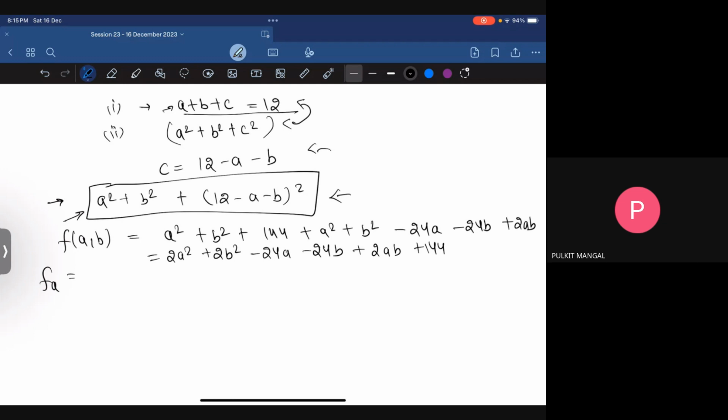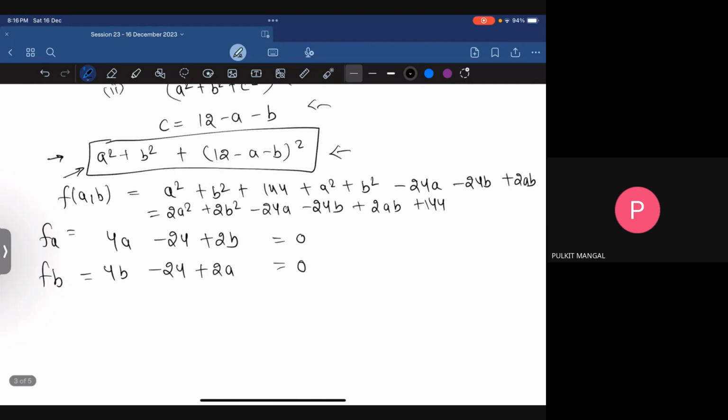The partial derivative with respect to a will be 4a minus 24 plus 2b. With respect to b, it would be almost the same, 4b minus 24 plus 2a. To find the critical point, we need to equate the partial derivatives to 0.